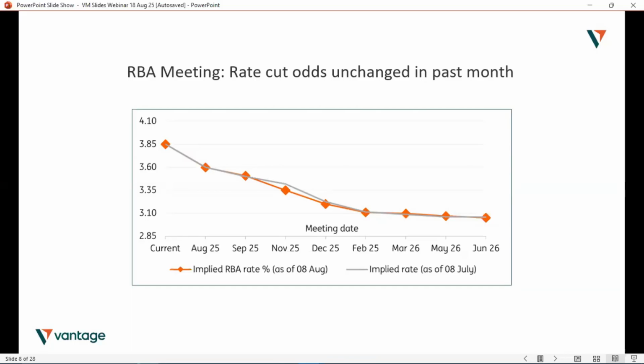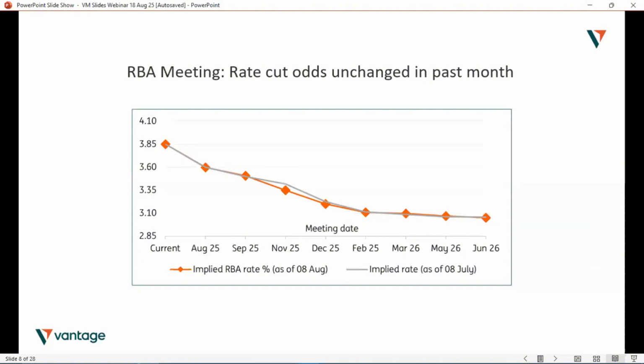And of course, even though the worst trade outcomes really have actually been avoided. Markets basically interpreted the downward revisions that we saw to inflation and growth forecasts as a mildly dovish signal, but then Governor Bullock actually kept forward guidance open-ended and data dependent.